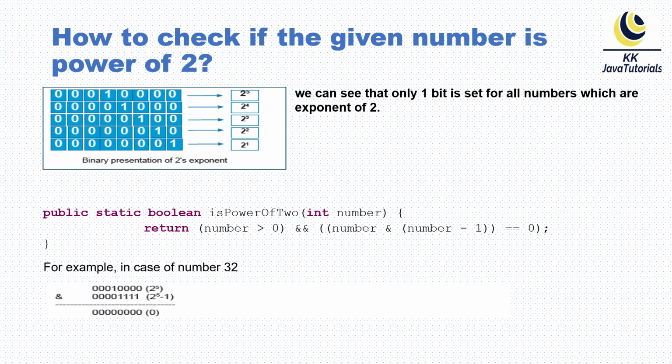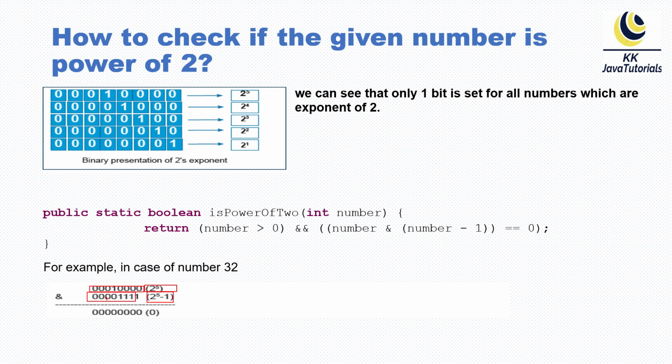and apply this concept after that. Here you can see, for example, in the case of 32, which means 2 raised to 5, this is a number we can represent in the 8-bit binary representation. When we say 2 raised to 5 minus 1, this is its binary representation.